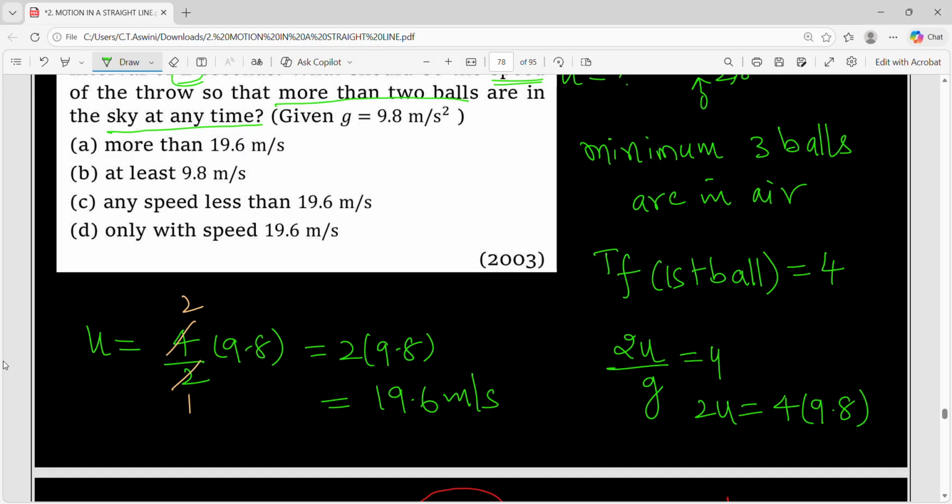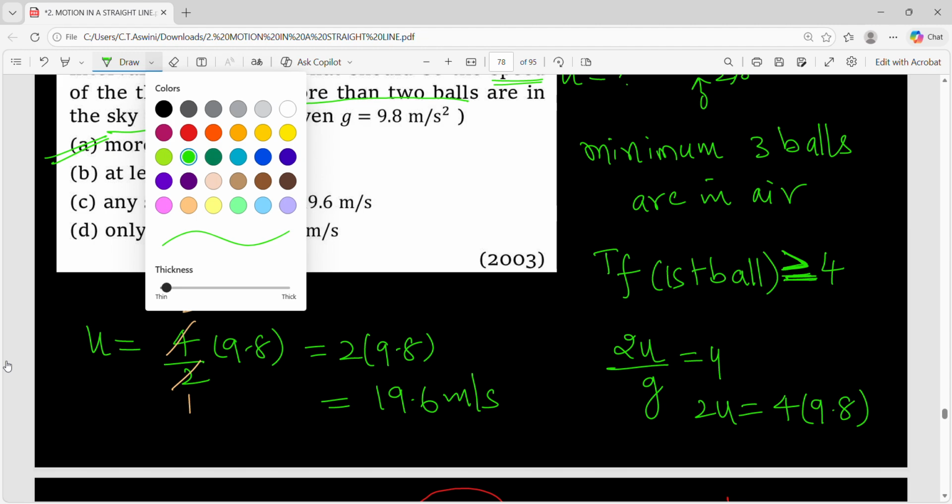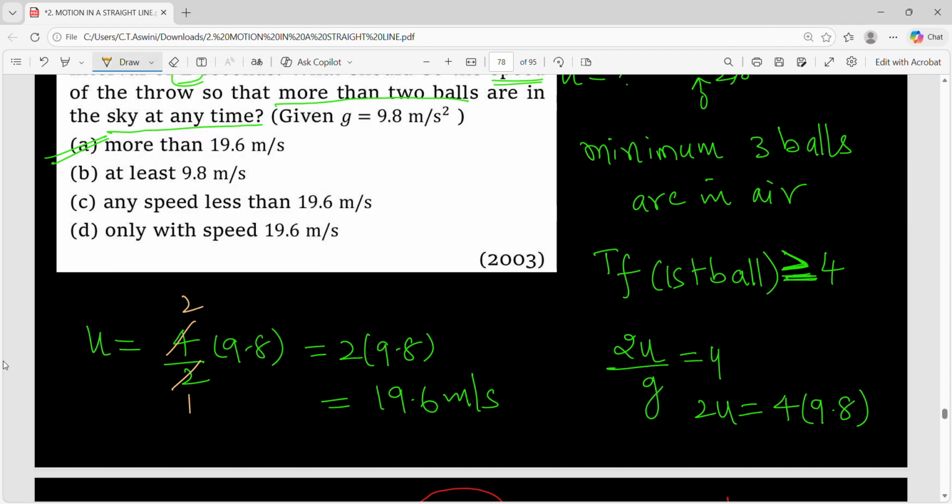Now, is it more than 19.6, or less, or only 19.6? It will be more than or equal to, because time of flight can be more or can be equal to. So what is the answer? Option A. Why more than or equal to?